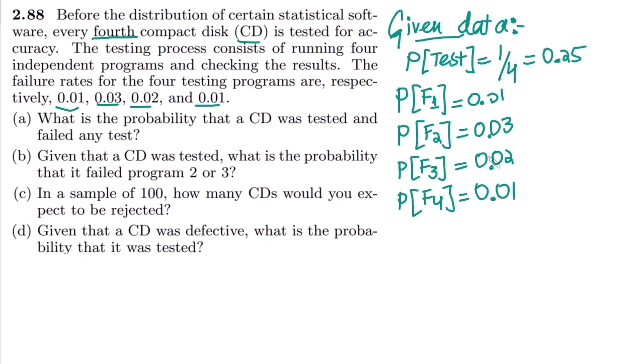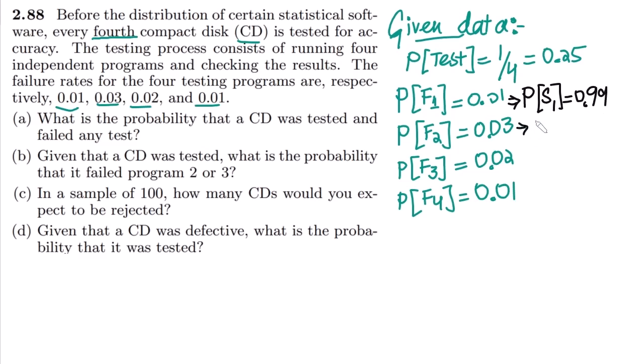So on the basis of it, we can also find out the probability of the success in test 1, and that would be 1 minus 0.01. So it would be 0.99.